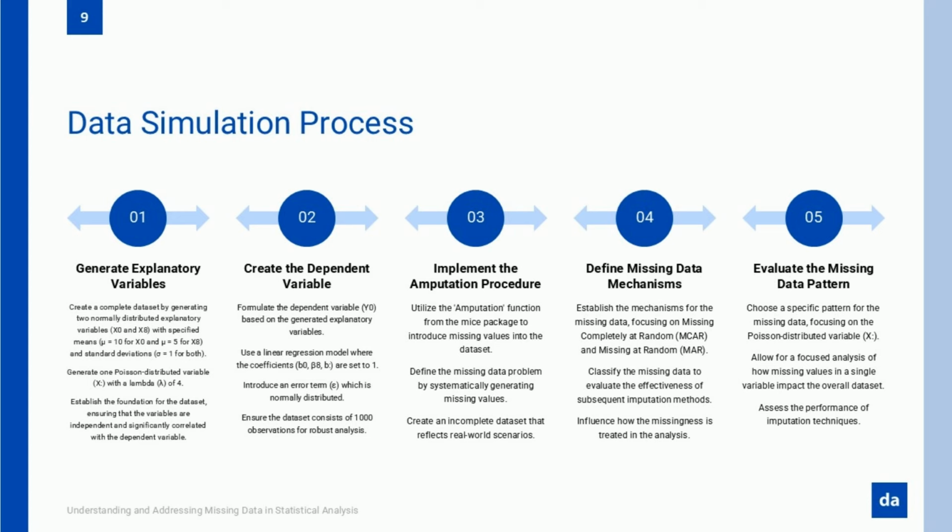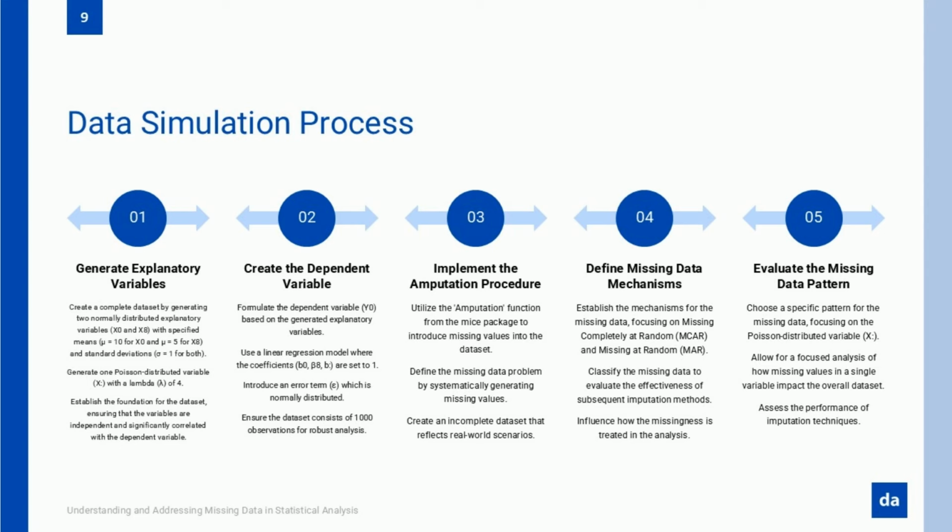To introduce some natural randomness, an error term e is added to the equation. This error is normally distributed, mimicking the variability seen in actual data. The result is a complete dataset with a clear, realistic relationship between explanatory and dependent variables, ready for the next step.